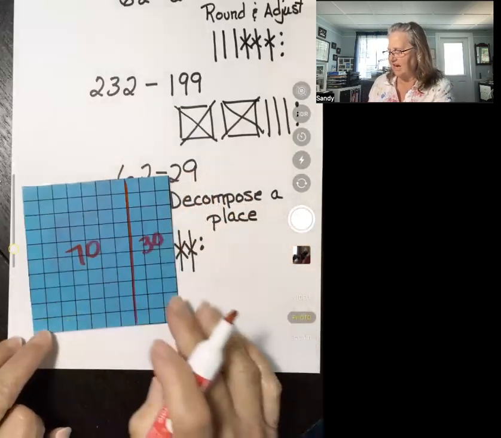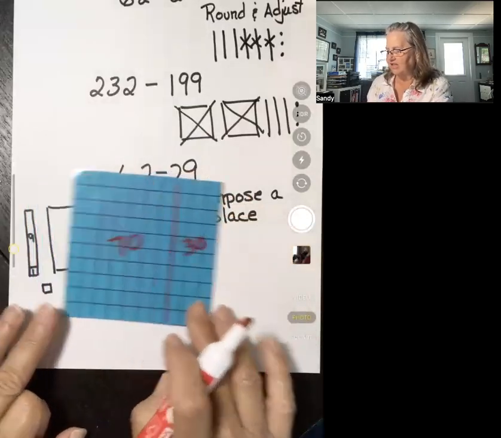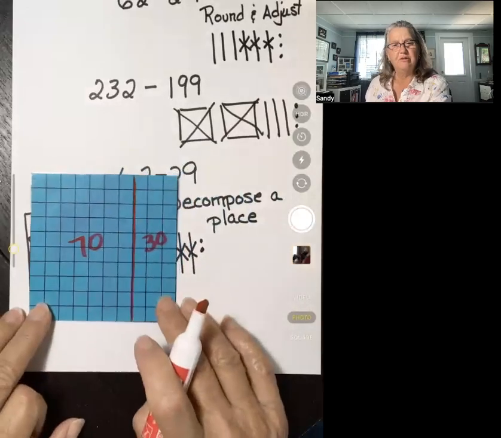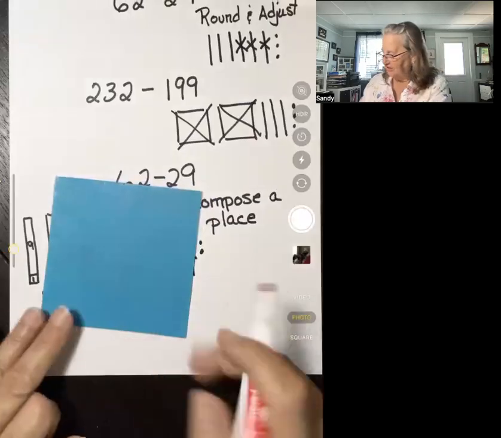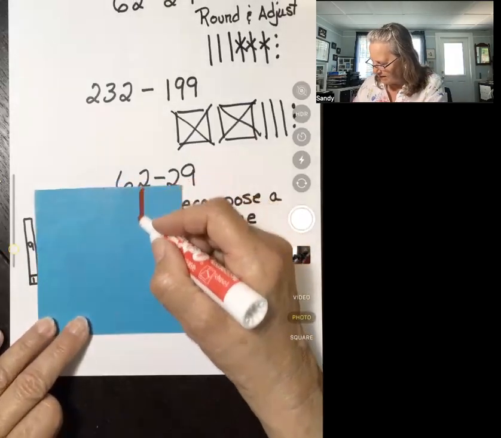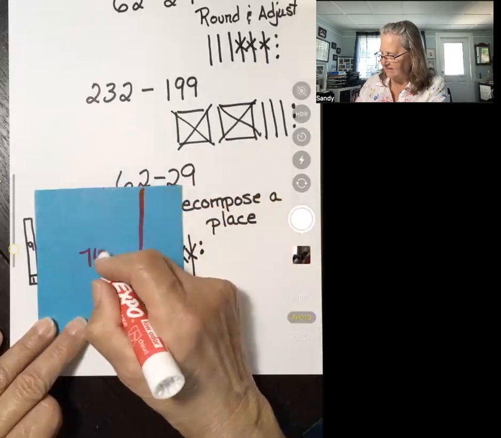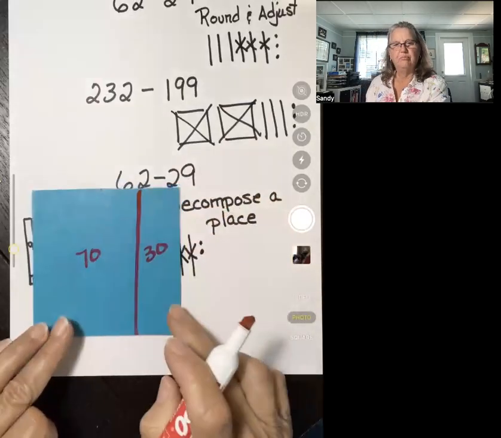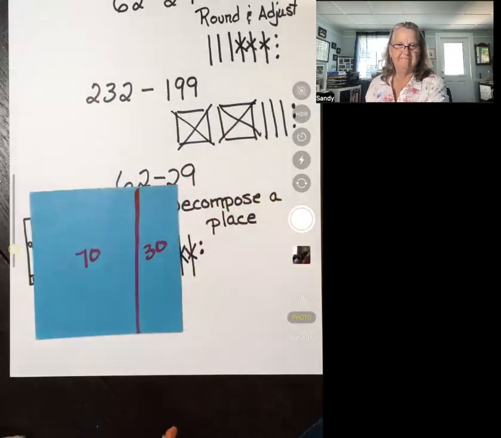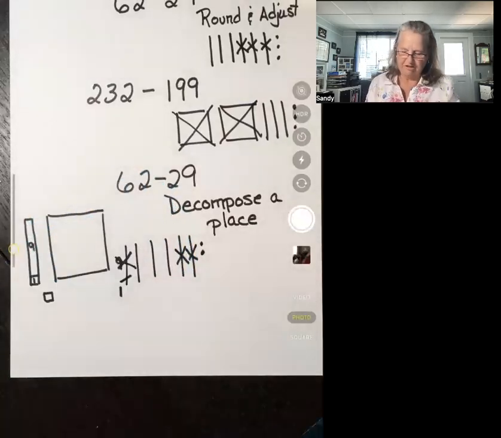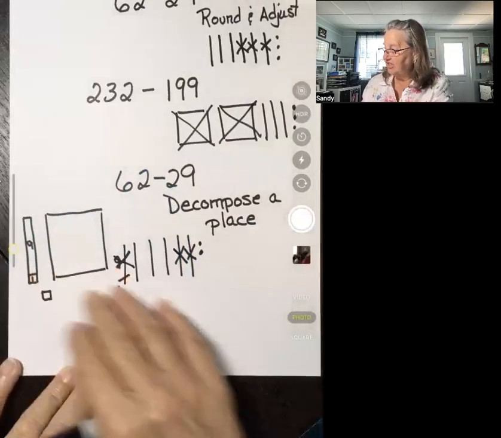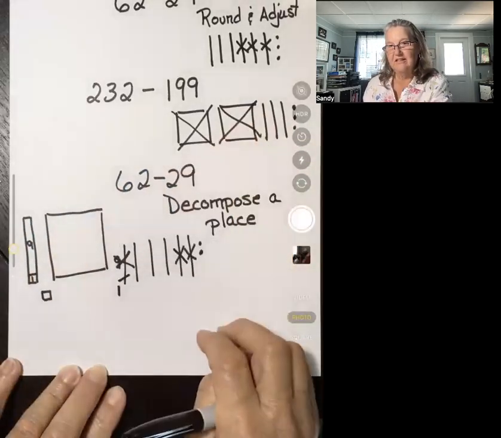But I think you agree, I don't want them drawing a square with 100 little squares in it. That's not efficient. Again, I could turn this over, and using that same idea, this helps me see a way to break that 100 up. So we're purposeful in how we choose the manipulative materials that we're using. We want to be purposeful in setting them up for these transitions to more efficient drawings.